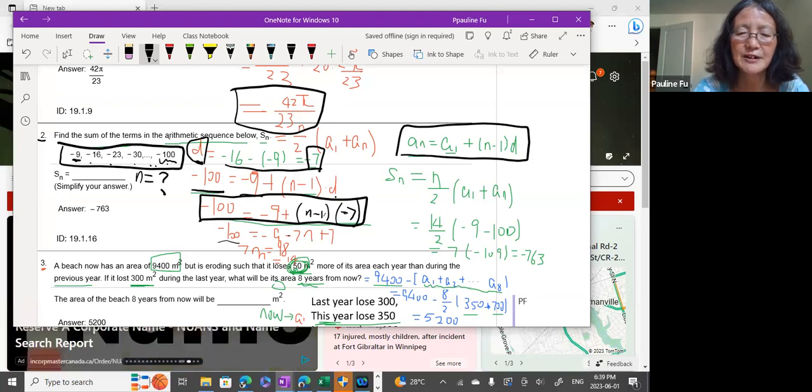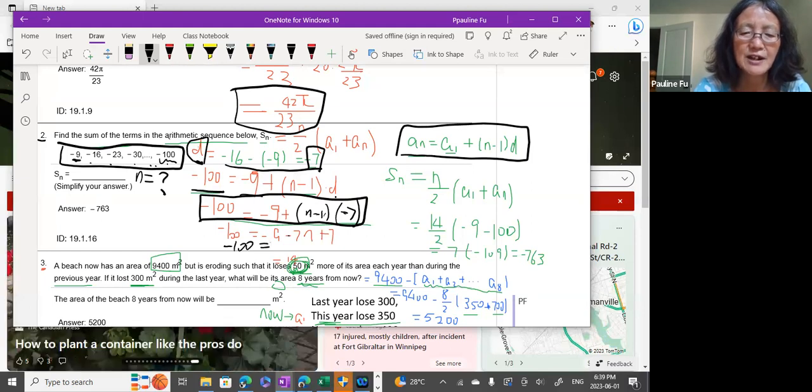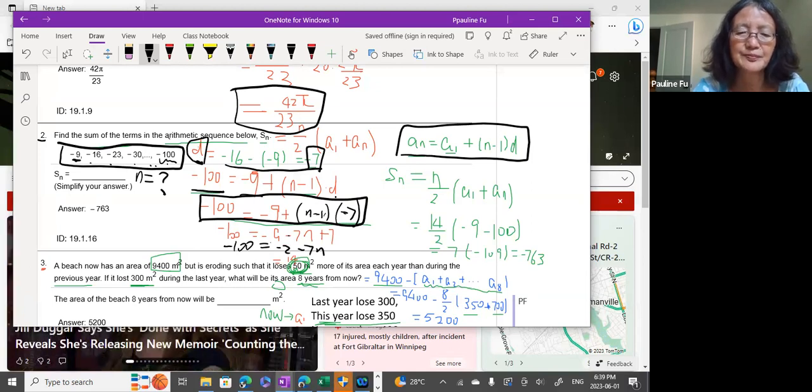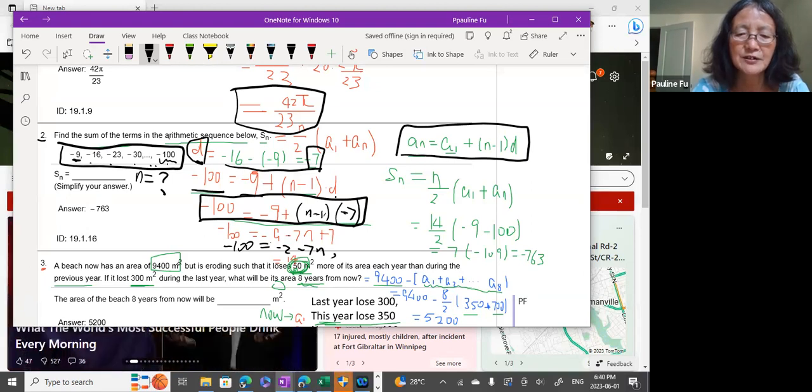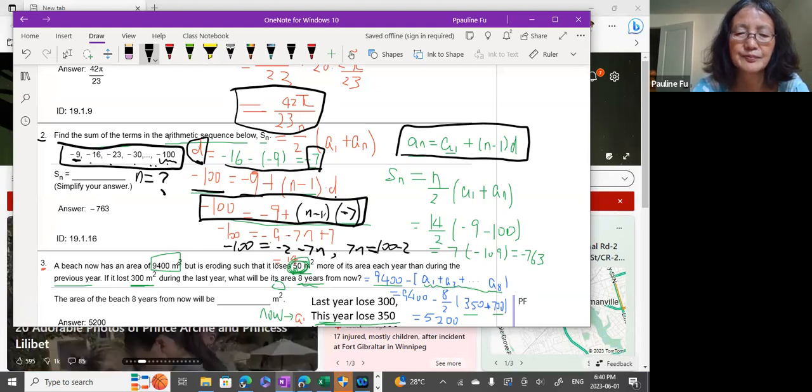Negative 1 times negative 7 is positive 7. Right-hand side is negative 9 plus 7, which is negative 2, minus 7n. Now move negative 7n to the left-hand side, you get 7n equal to. Move negative 100 to the right-hand side, you get 100 minus 2.